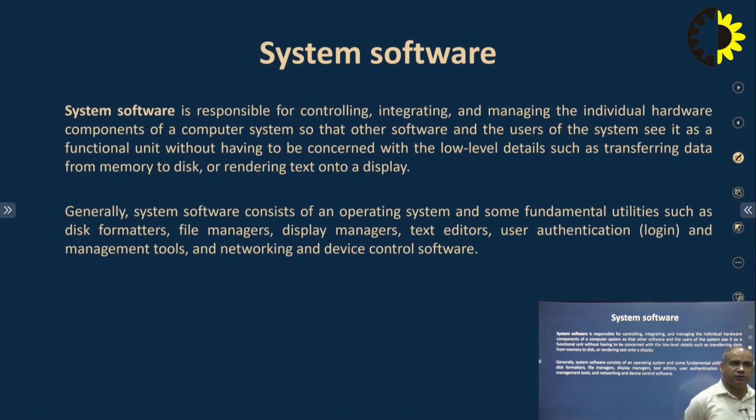System software consists of the operating system and other fundamental utilities such as disk formatter, file manager, display manager, text editor, user authentication and management tools, networking devices and so on.